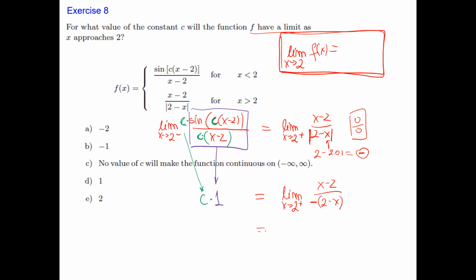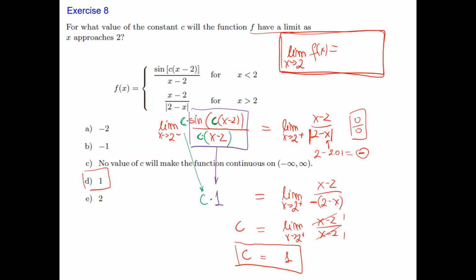Now we can simplify, and because we have 2 minus x, when I distribute, we will have negative 2 and positive x. Actually, the limit is 1. The limit of the constant is 1. That means the constant c is 1.